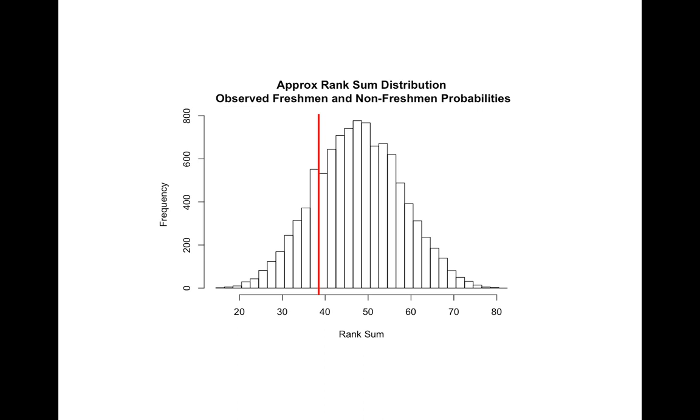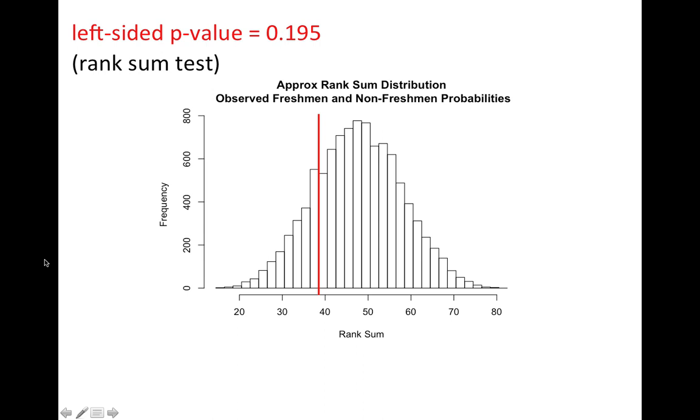If I do that, I get this reference distribution. The red line shows the sum of the ranks in my group. So the left-sided p-value, the proportion of these rank sums to the left of the line, is 0.195 via the rank sum test.